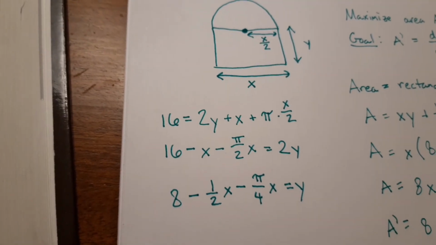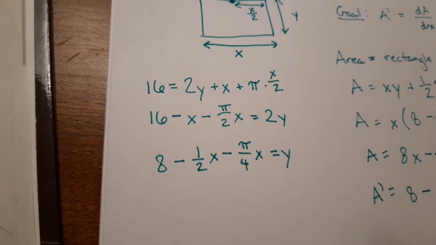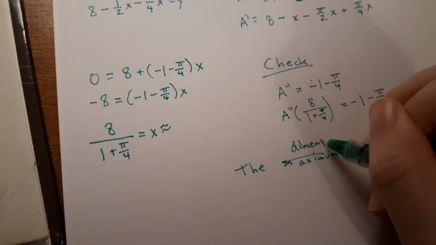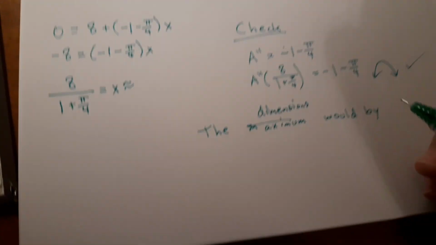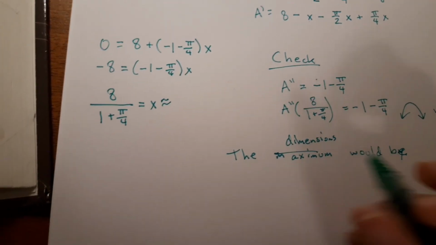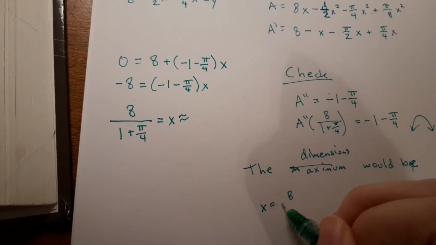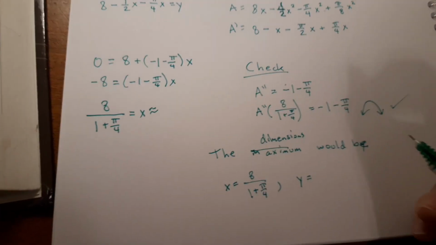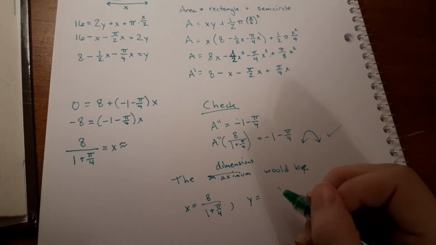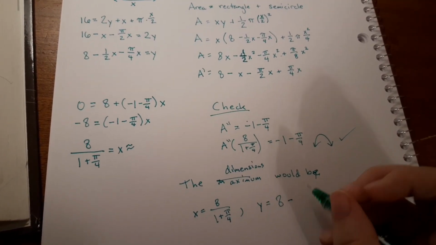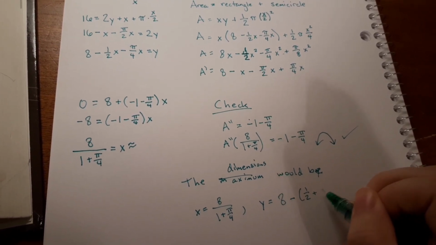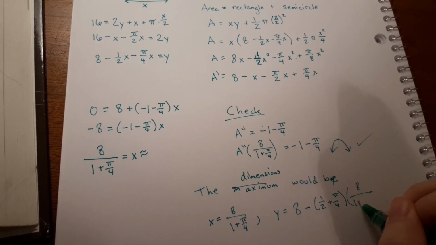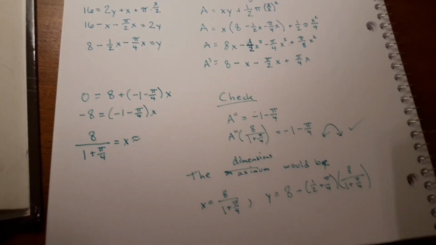So the dimensions would be x equal to 8 over 1 plus pi over 4, and y is equal to 8 minus 1/2 plus pi over 4 times 8 over 1 plus pi over 4. Whatever that would end up being.